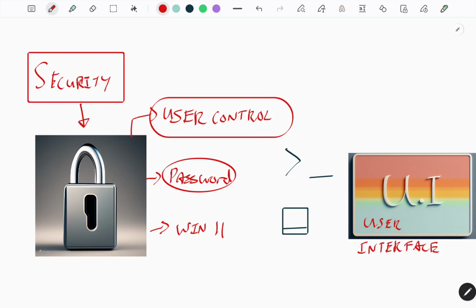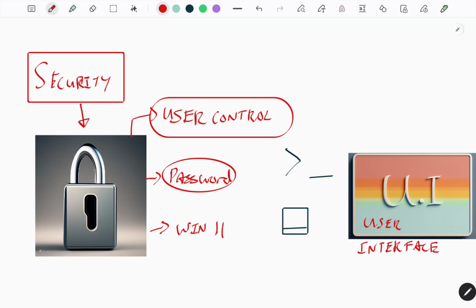So one of the roles of the operating system is also to provide you with a user interface. The user interface is what you see straight away when you start up your computer and access your login.